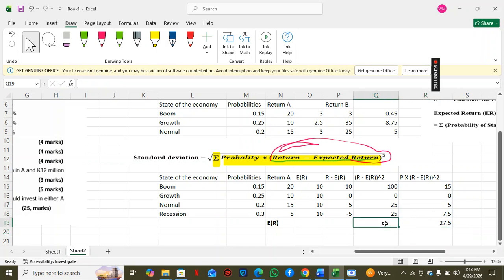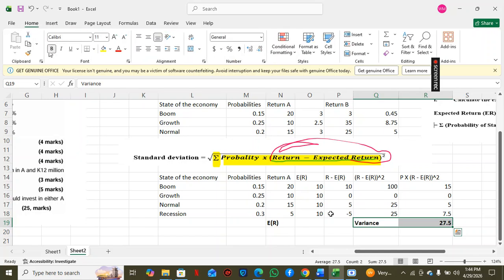Okay, so what we have calculated here is what you call the variance. The variance is just the standard deviation squared. Now the question said we have to get the standard deviation.